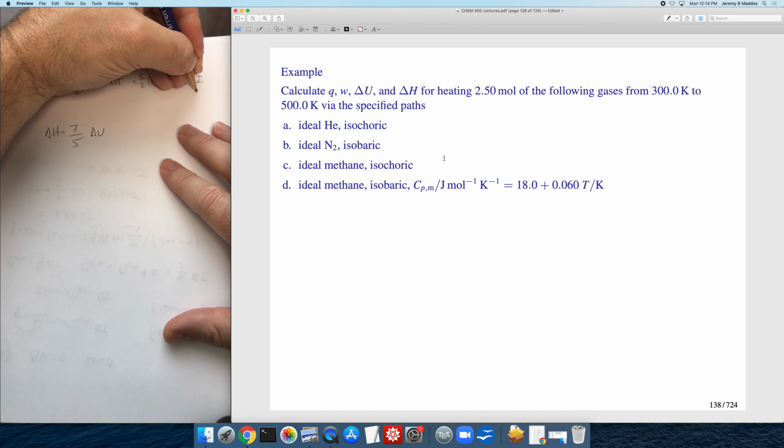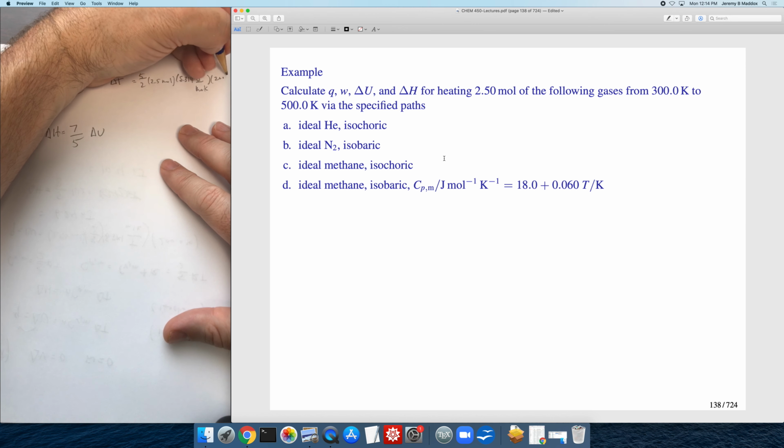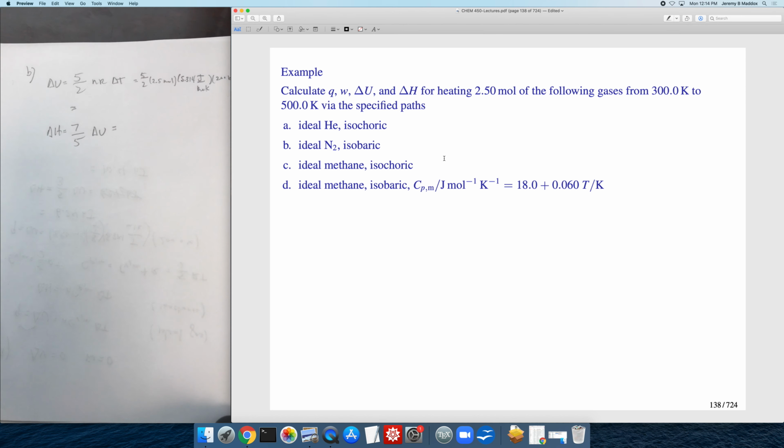So just plugging in the numbers. We'll get that value, and then we'll get the other one.